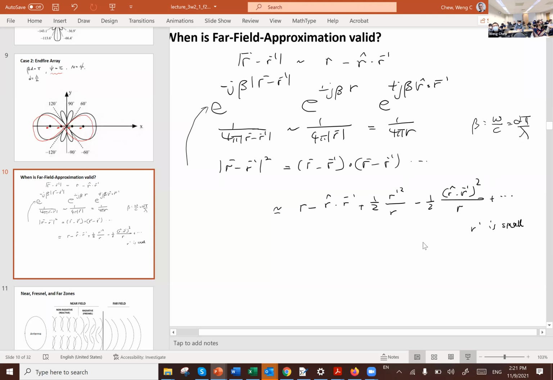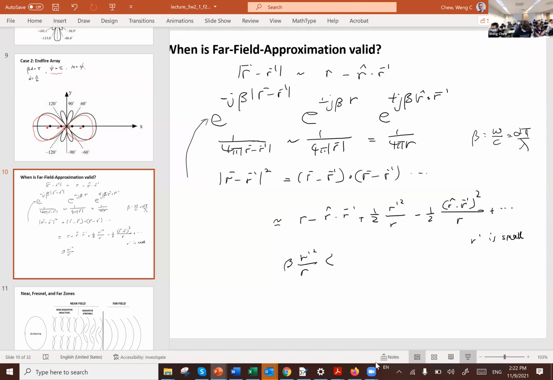So the question to ask is, when can we drop the second order term? If you plug this into the exponent, it's not obvious that you can drop them, because they will contribute to a small shift as well. If you read this carefully, you find that the criterion for dropping the second order term is r prime squared over r, much less than 1.